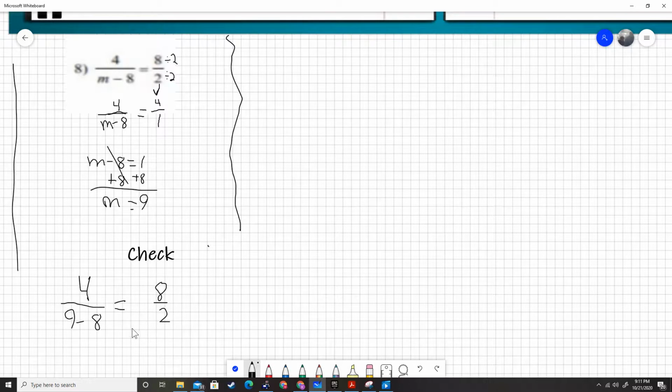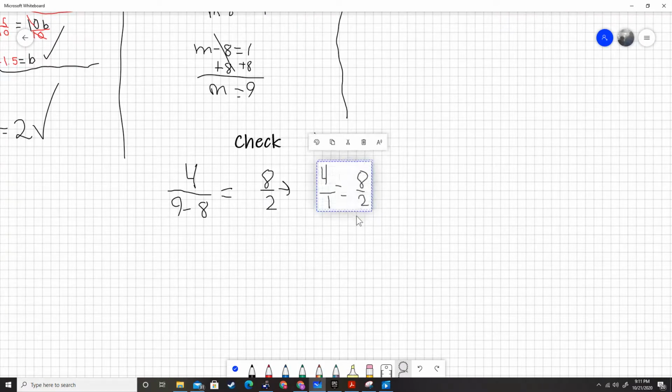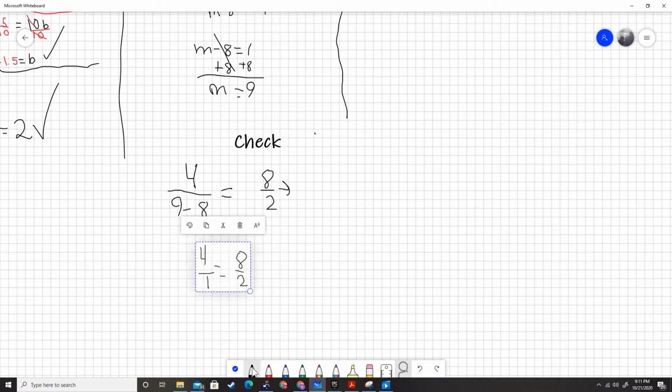Now, I know that 9 minus 8 is 1, so I have 4 over 1, and it is equal to 8 over 2. Now, if I wanted to do that little bit of division, we want to make sure that that math works for all of us. So let's do that division and check to see if that math does work.